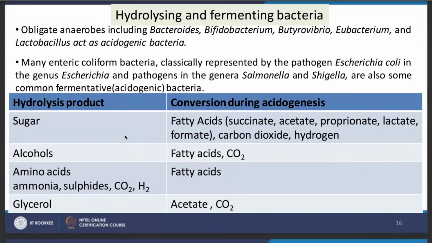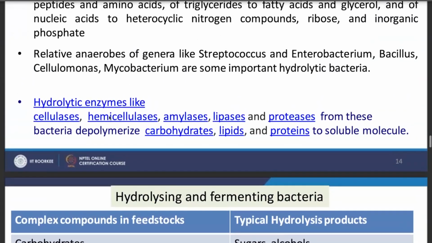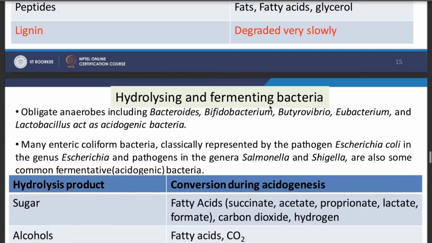Many enteric coliform bacteria, classically represented by the pathogen Escherichia coli in the genus Escherichia, and pathogens in the genera Salmonella and Shigella, are also some common fermentive or acidogenic bacteria. Till now, we were talking about hydrolyzing bacteria or hydrolyzing enzymes. Now we are talking about the sub-step of the first stage, that is fermentation.